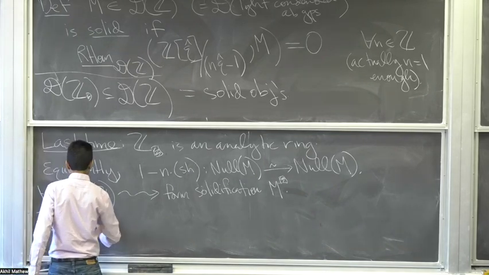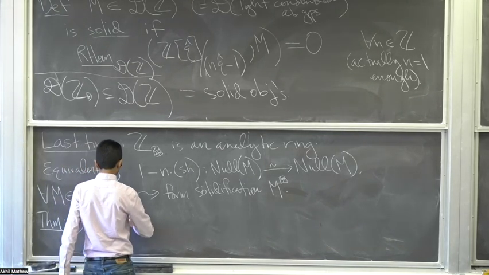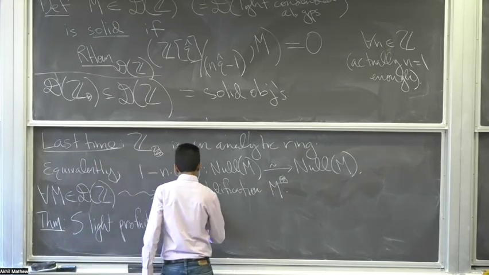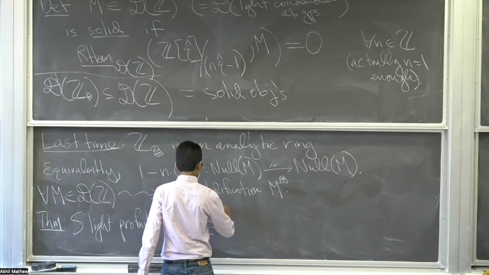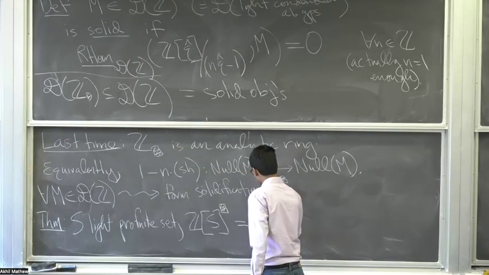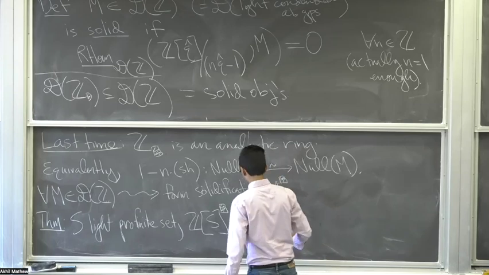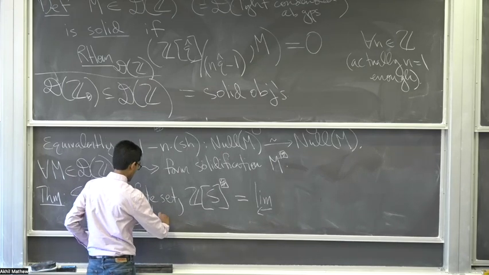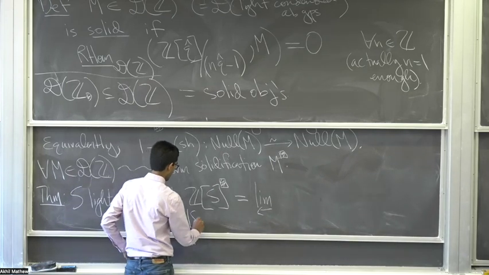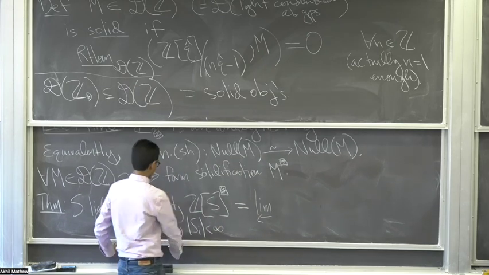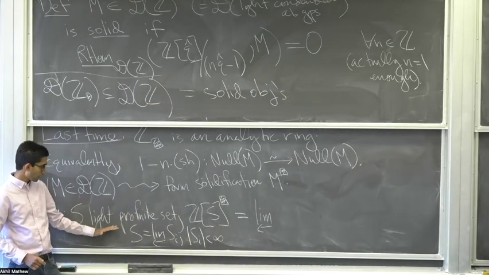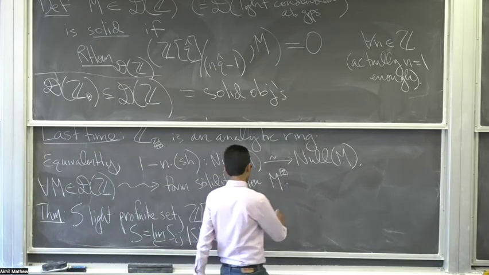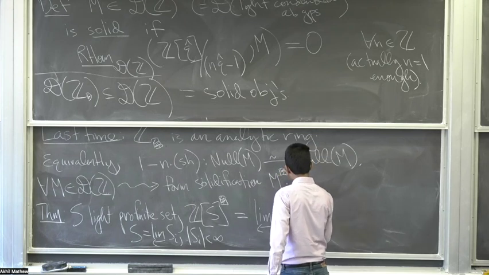If S is a light profinite set, so that means S is the limit of some finite sets S_i, a sequential limit because it's a light profinite set, then the statement is Z[S]^solid is the inverse limit of Z[S_i].